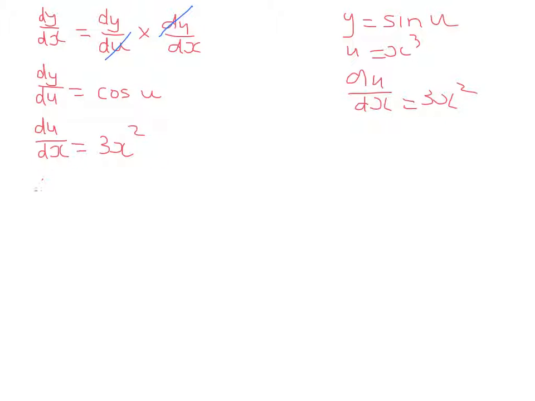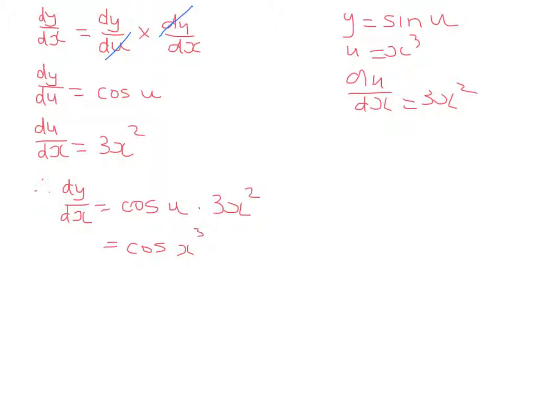So if we put that all together, we've got that dy dx equals dy du, which is cos u, times du dx, which is 3x squared. Now that's well and good, except we don't need u's in there. It's in terms of x, so we need to replace that u back with what we first substituted. So u is actually x cubed.